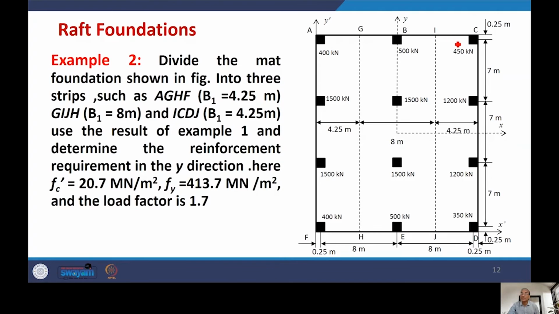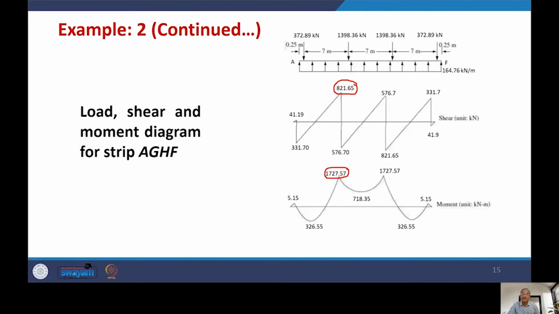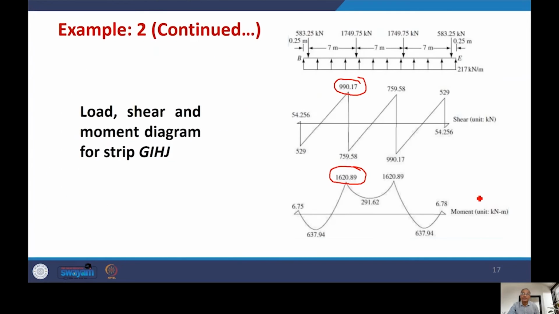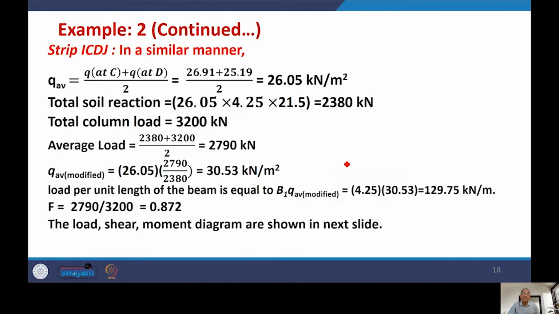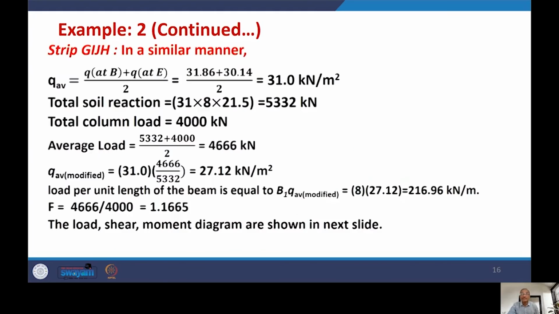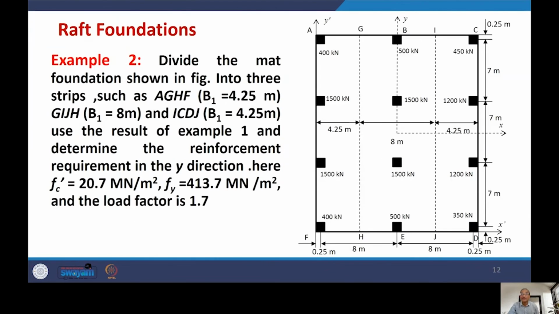Now let's come to the last one, ICDJ. In this case, when you talk about ICDJ, these are the details given here. You need to consider the load at point C and D, and points C and D can be seen here. This C and D are the last columns here.